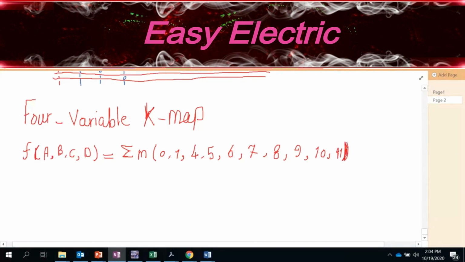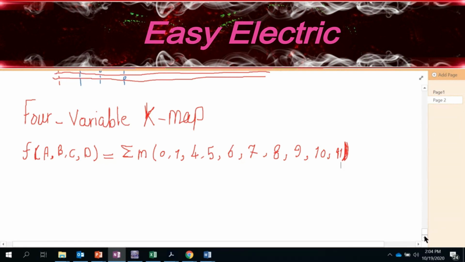Okay, so this is what we have as a function, which is in standard form, and we want to know what should be the K-map for the function with 4 variables.